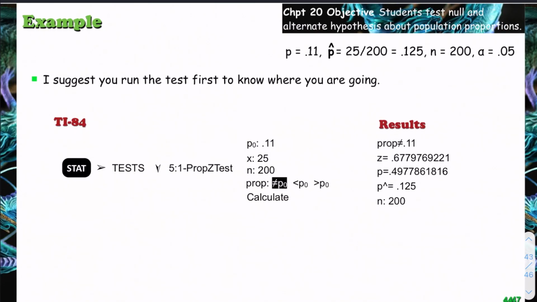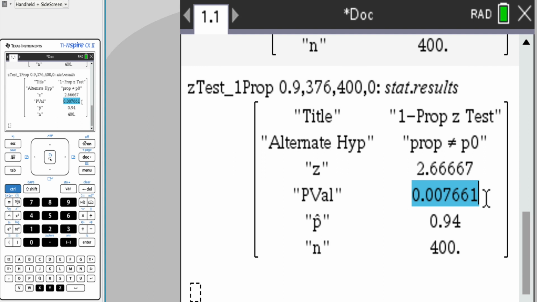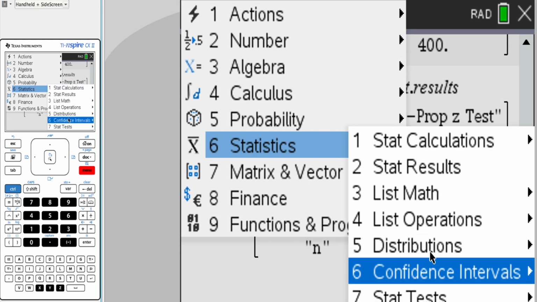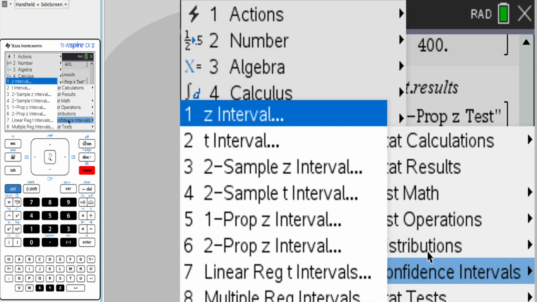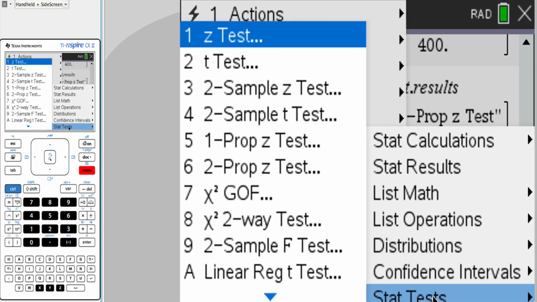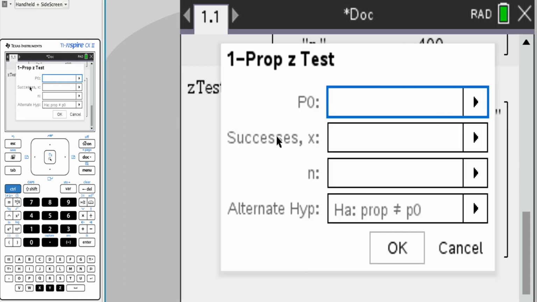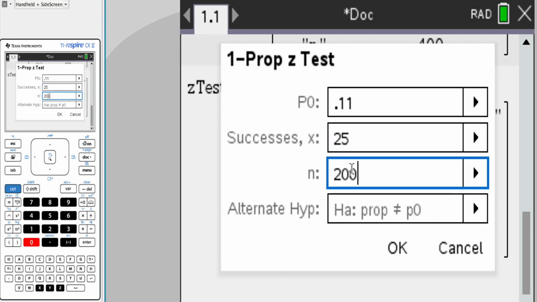So I suggest that we go to the calculator first to give us an idea of where this is going. We're going to go menu, statistics, tests, and we're doing a one prop z test. Let's guide our thinking. So we're at 0.11. We know that 25 out of 200 dropped out last year.